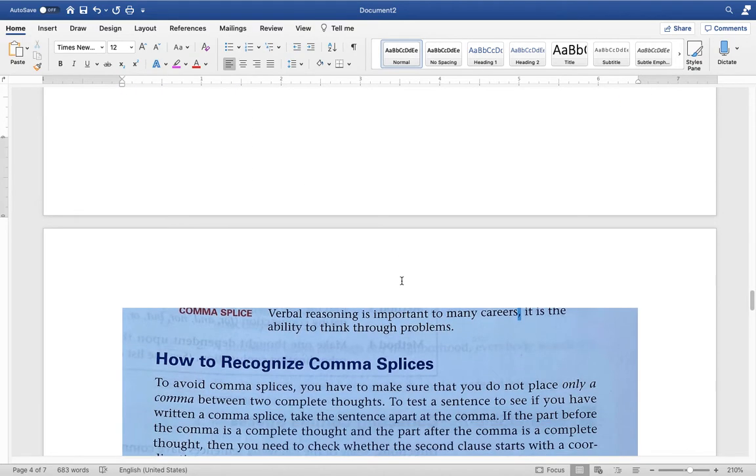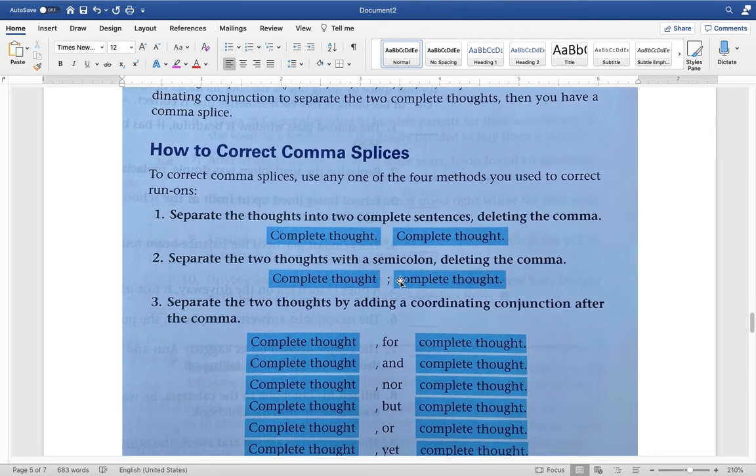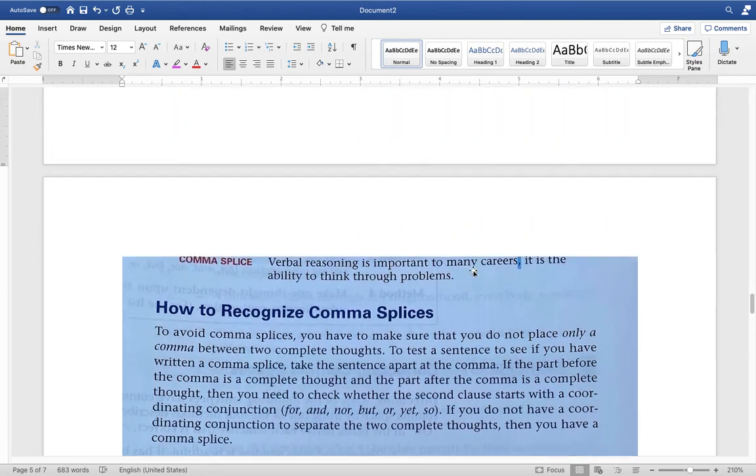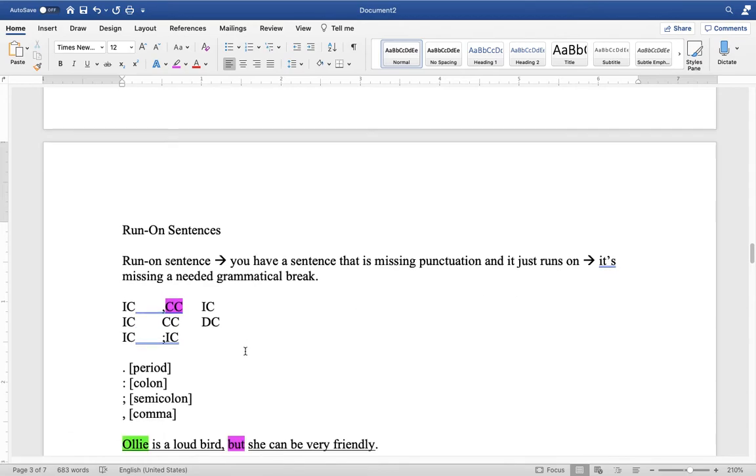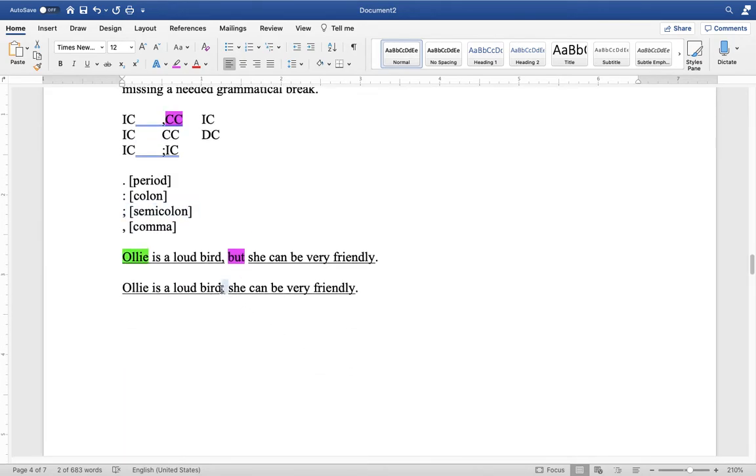If we go down to comma splices, and this is what I was just talking about here. Complete thought, independent clause, semicolon. And that also gets into semicolon being a slightly more full stoppage than a comma. And it's needed as a slightly more full stoppage because there's no coordinating conjunction there. So you need more. If you had, like, Ollie's a loud bird, she can be very friendly, then you're in a comma splice.